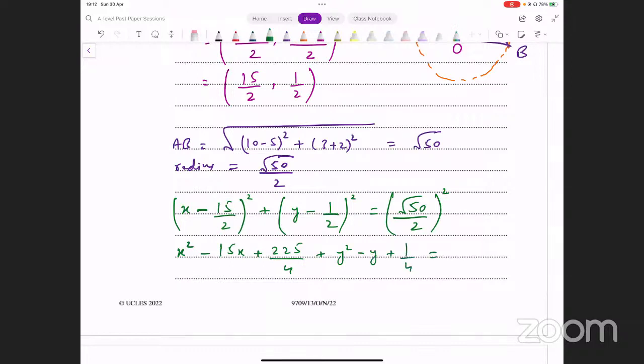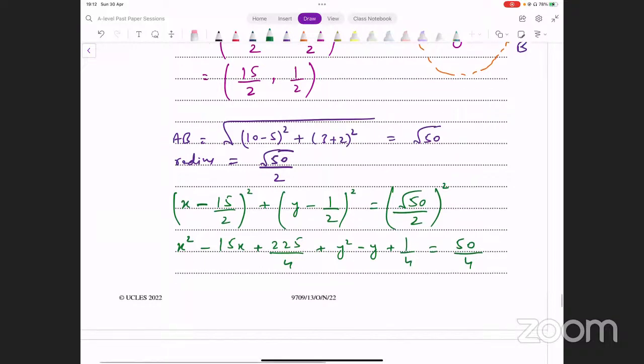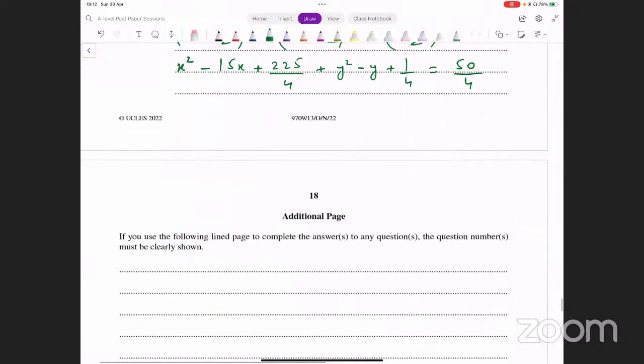On the right side you have square root of 50/2 ka whole square, that's going to be 50/4. Multiply the whole equation by 4 to simplify this. That is going to give you 4x squared minus 60x plus 225 plus 4y squared minus 4y plus 1 minus 50 from the other side.